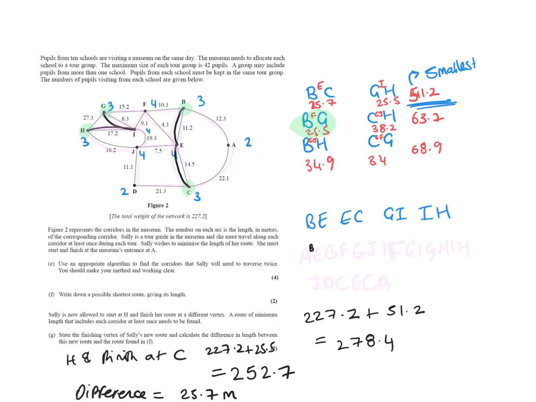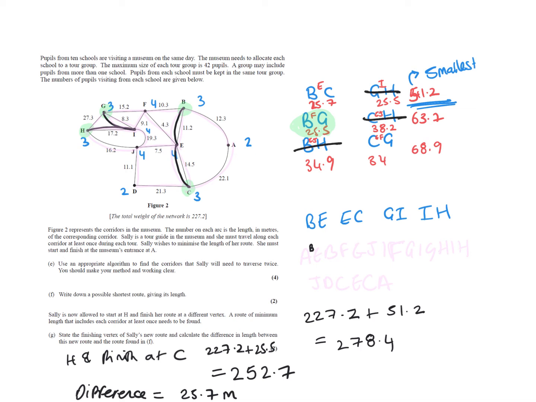Okay, so I'm just going to explain this one more time. Sally is now allowed to start at H and finish somewhere else. To start at H and finish somewhere else, we need H to be odd and that other one to be odd. When we were pairing them here, we were making them even in the shortest route. So if H has to be odd, we don't care about anything that has an H in. Why?